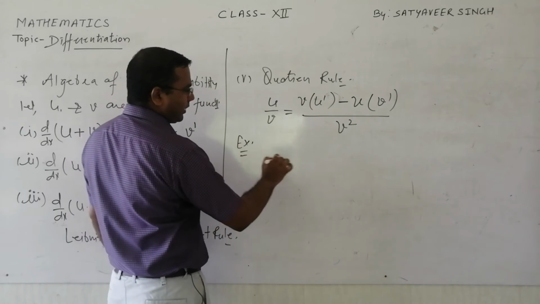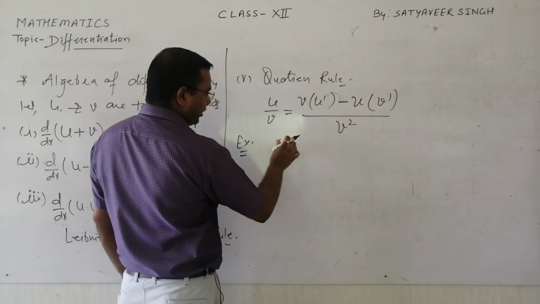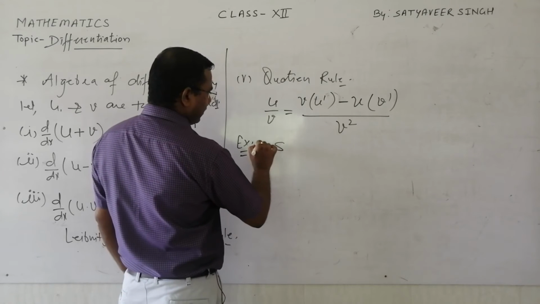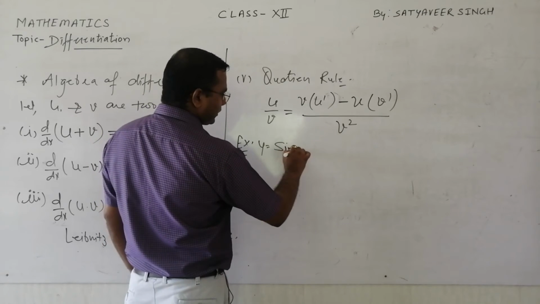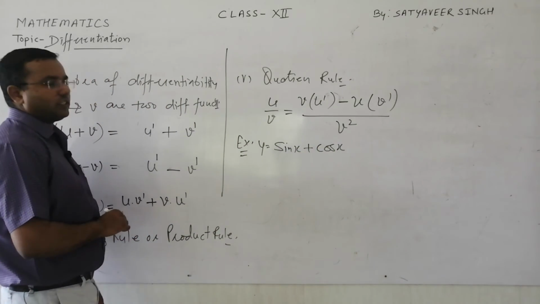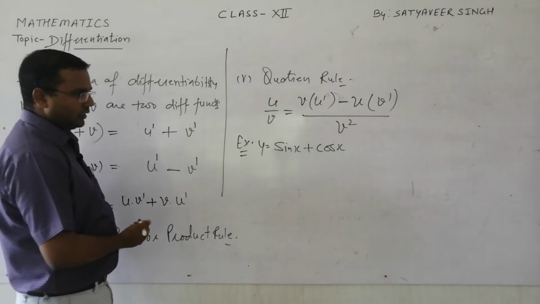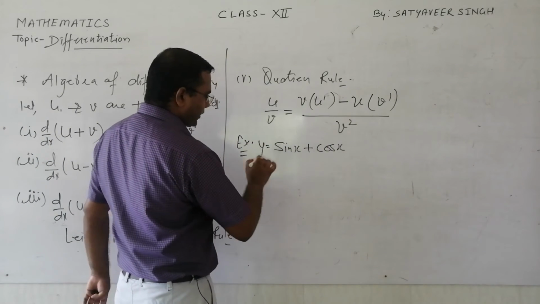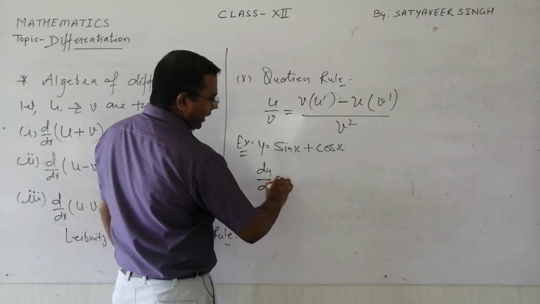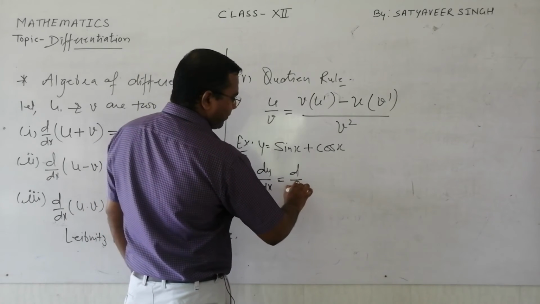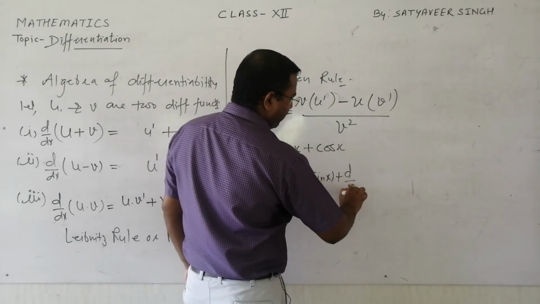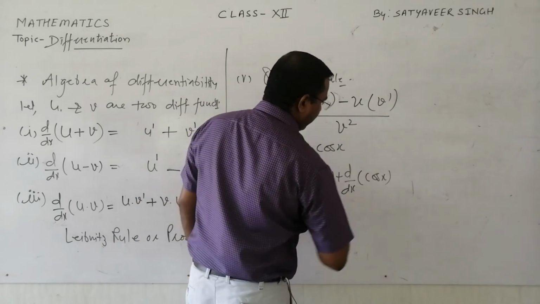Here suppose there is a function given, let y is equal to sin x plus cos x. Y is equal to sin x plus cos x means we are adding two functions, so we can find from here dy upon dx is equal to d upon dx of the first function plus d upon dx of the second function.